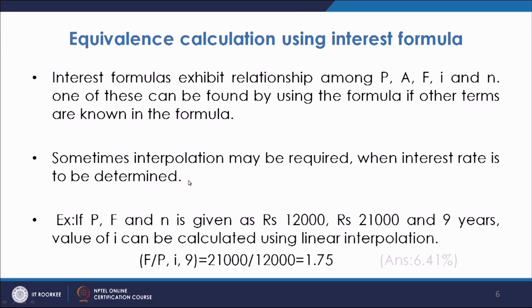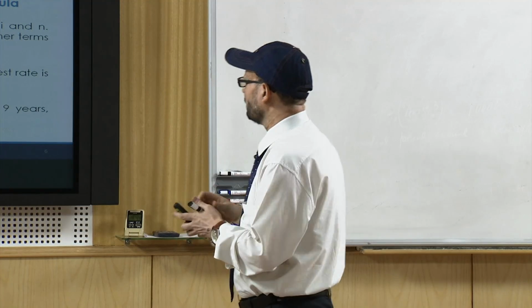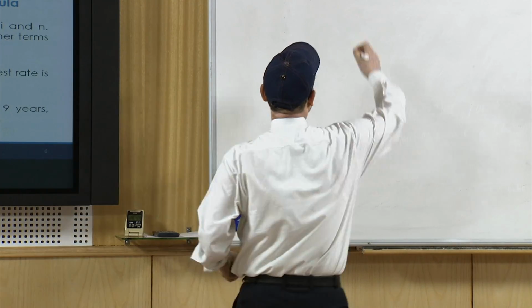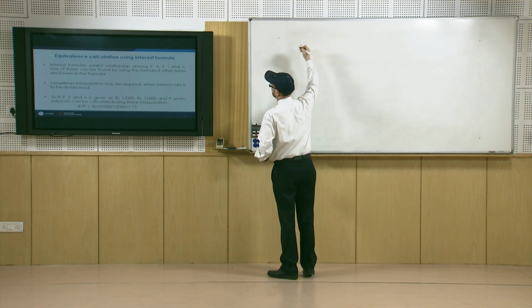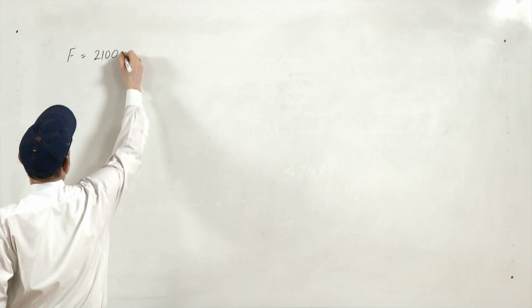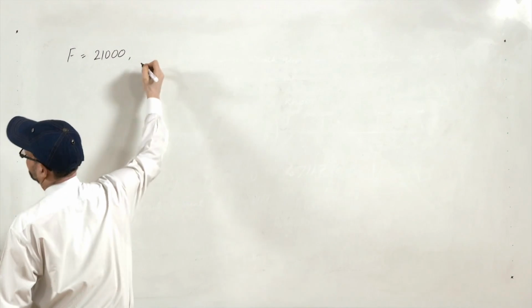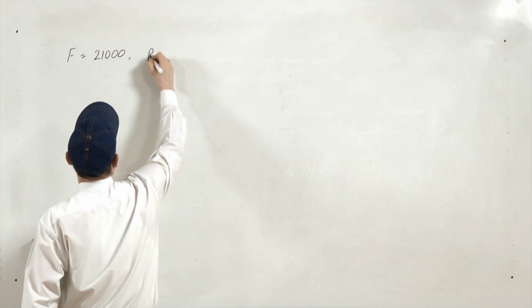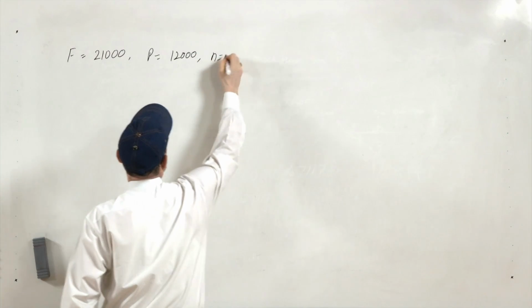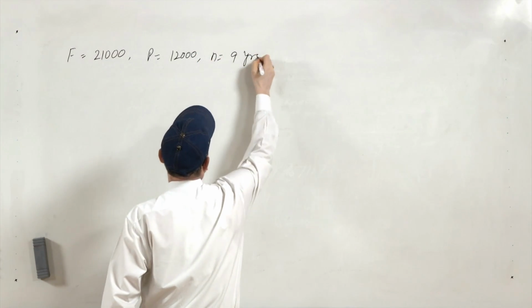So, basically in these cases the unknown is the interest rate. In this case we have F as 21,000 and P as 12,000 and N as 9 years.